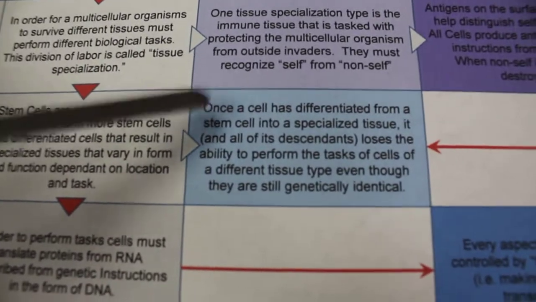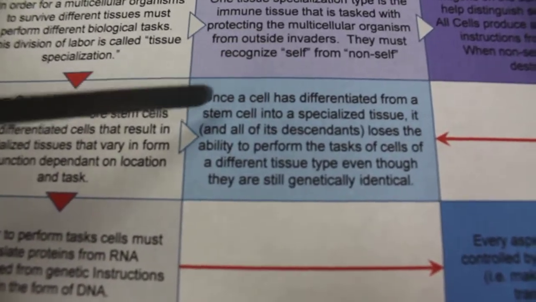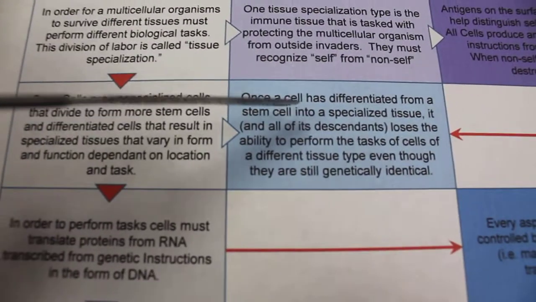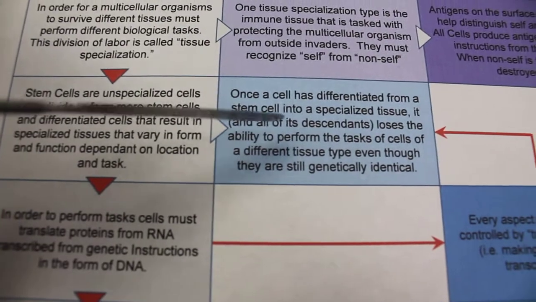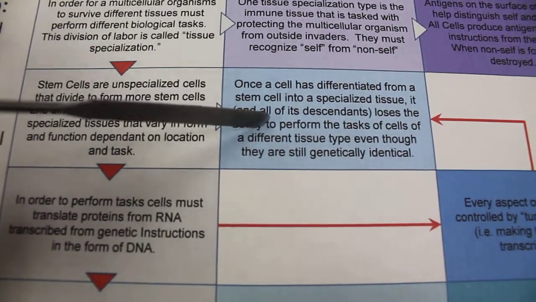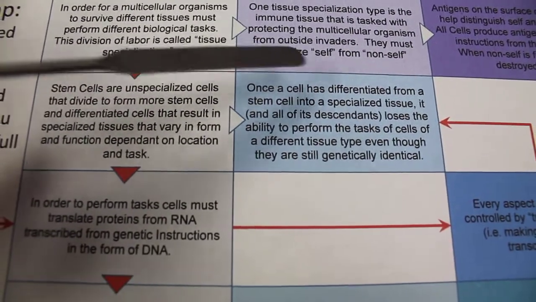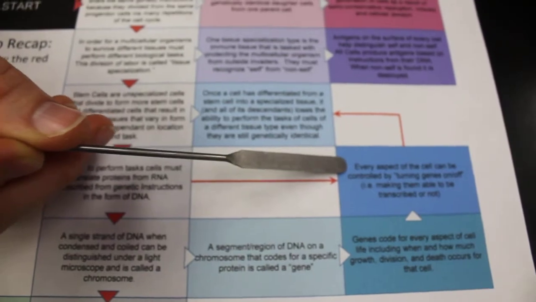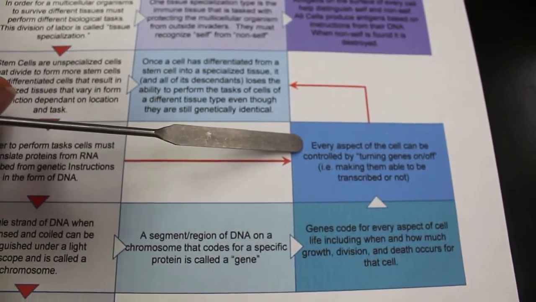And also remembering that once a stem cell has differentiated into a specialized tissue, it will lose the ability to perform certain tasks that a tissue of another type could do, even though they have the same DNA. It's because you've turned the genes on or off.